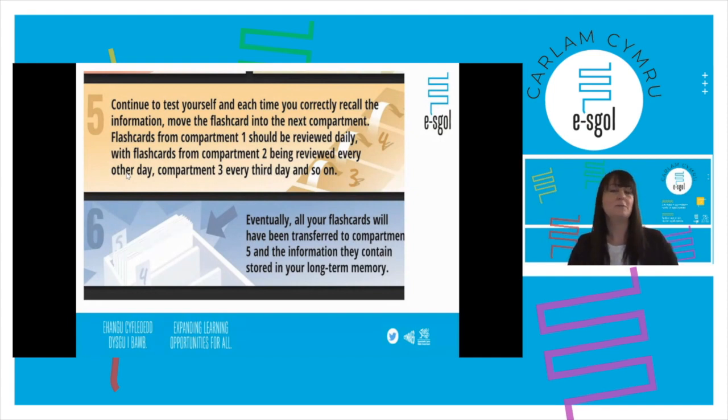Now, it's important that you don't just leave it and think, yes, it's in my long-term memory, I don't need to do anything with it. It is really important that you revisit your cards and you make sure that you are checking that your long-term memory and the information there can be retrieved and brought back out for when you need it in the exam.